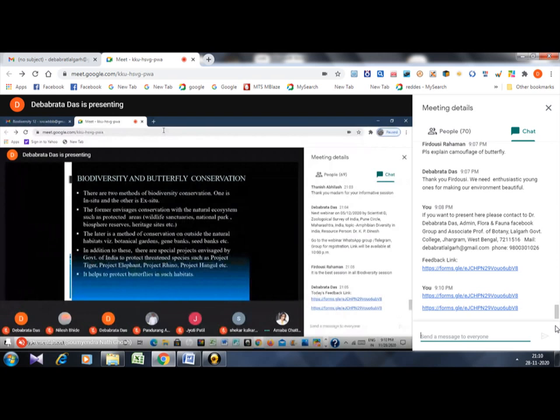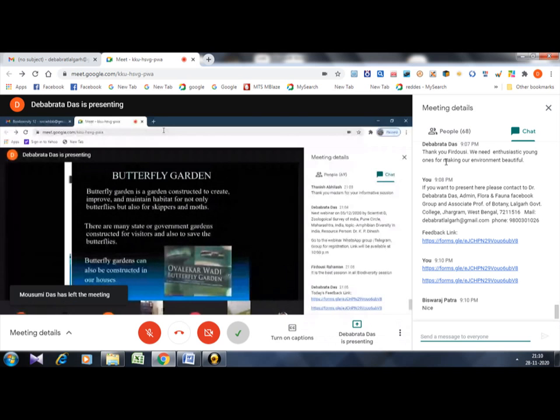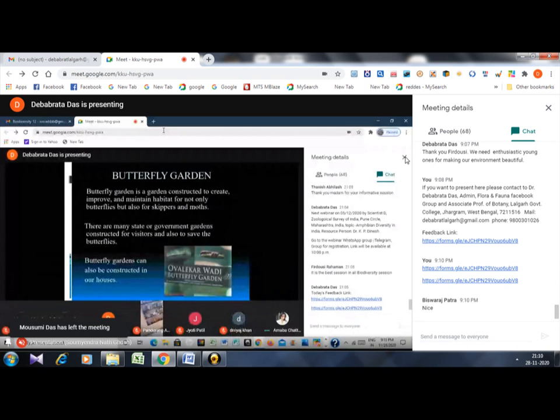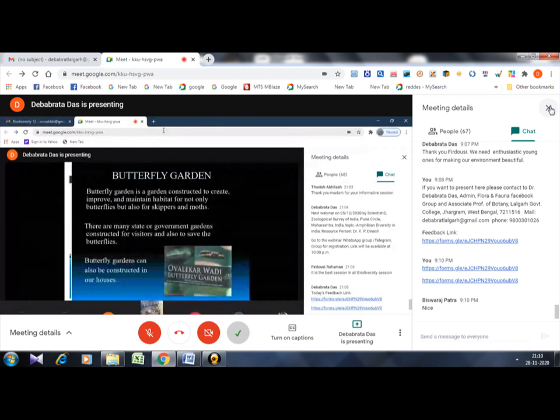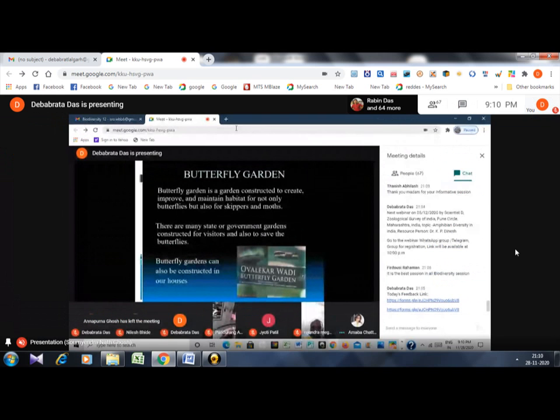So now we come to butterfly gardens. As I was saying about conservation, in the city there are no big sanctuaries for butterflies, but there are butterfly gardens. In a sanctuary, a national park or a zoo, you are conserving the animal, but you are bringing it from outside. You are bringing the animal and keeping it locked in there.